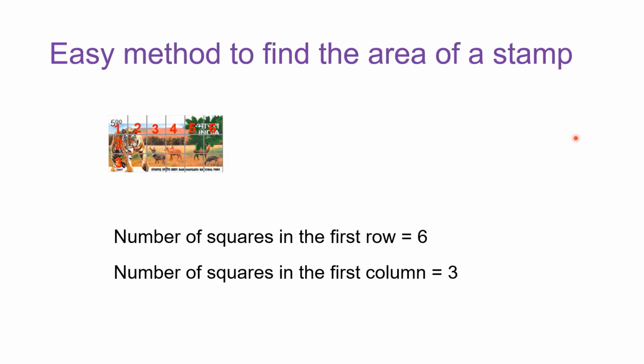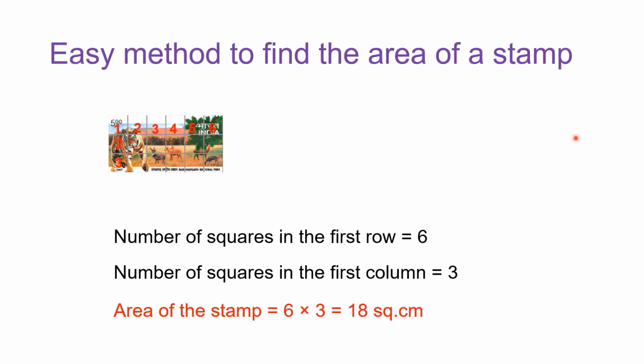To find out the area of the stamp, we have to multiply the number of squares in the first row by the number of squares in the first column. Therefore, area of the stamp equals 6 multiplied by 3, where 6 denotes the number of squares in the first row, 3 denotes the number of squares in the first column. 6 multiplied by 3 equals 18 square centimeters.